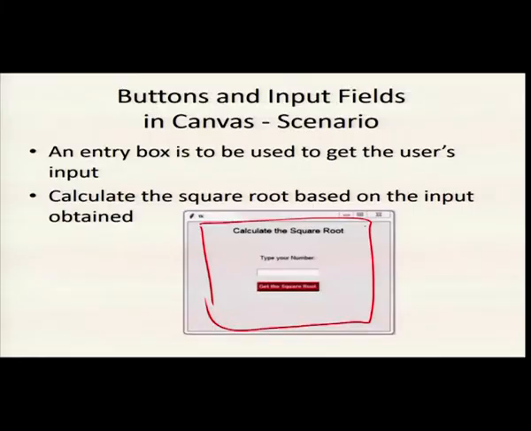First of all, we are supposed to create a Canvas. Then we create an input field. Then we enter the values. Then we create a button. Then we execute it. This is the flow.